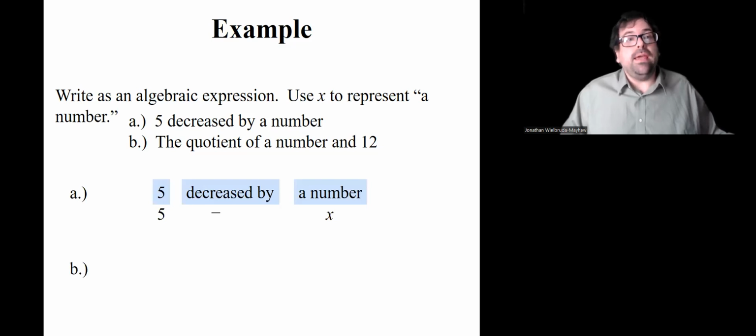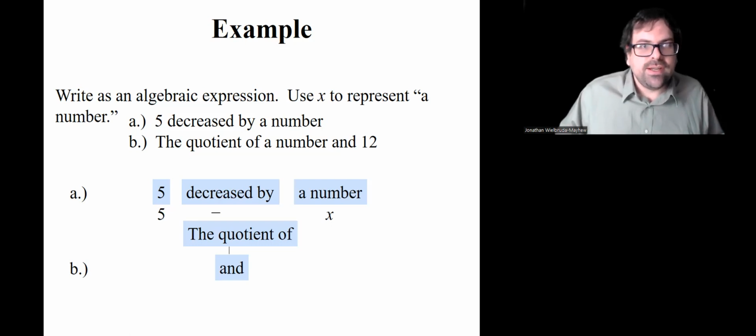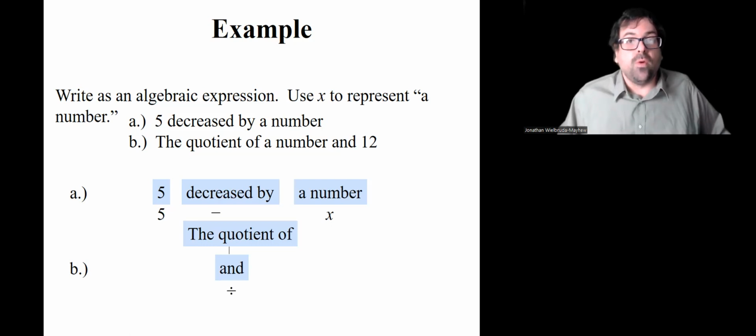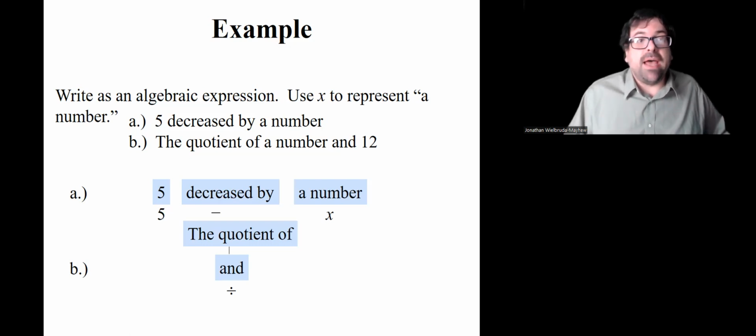In part B, the phrase the quotient of such and such, that's represented with the division sign. Order is important when we're using division. Order is important when we're using subtraction. A wasn't x minus 5 because that would be a number decreased by 5.